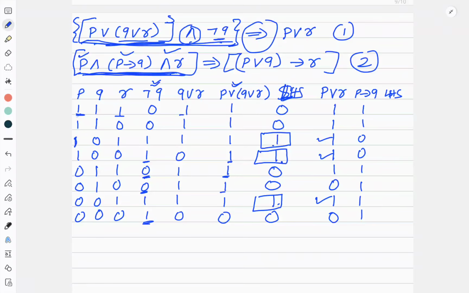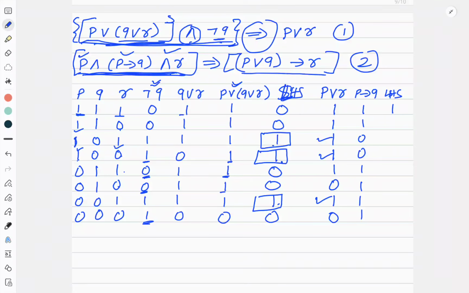Now the left hand side: P is true, P implies Q is true and R is true. So this is 1. Second one, P is true, R is 0, so no need to write it. Next, P is true, R is true and this is not true, so no need to write. This not working, this not working, this not working. So only the first one I have to write.